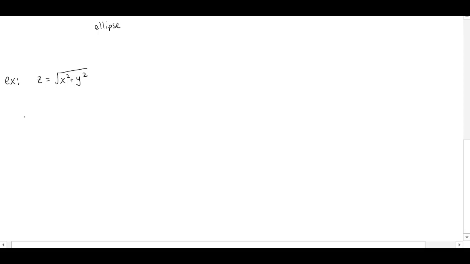All right, so if I do maybe z equals 1, as we did before. Okay, so here the equation becomes square root x squared plus y squared equals 1. All right, and if we square both sides, it's just the same as x squared plus y squared equals 1.